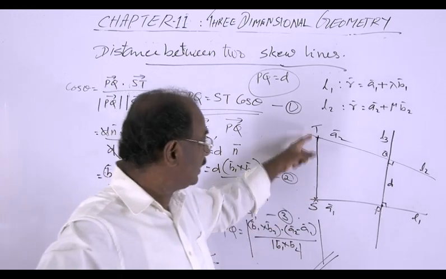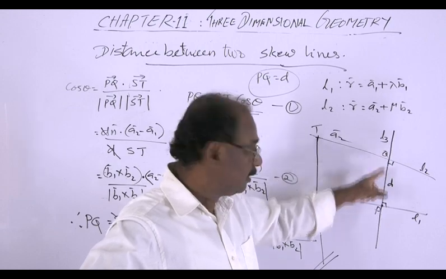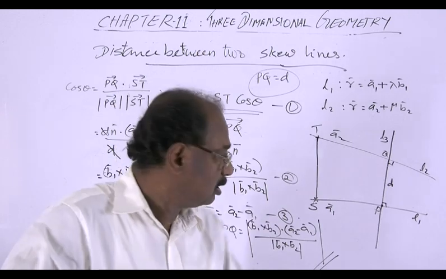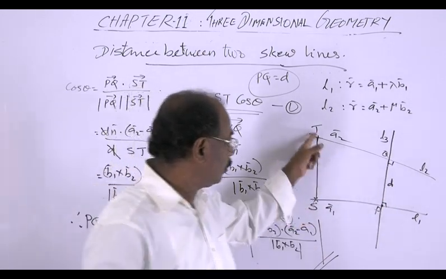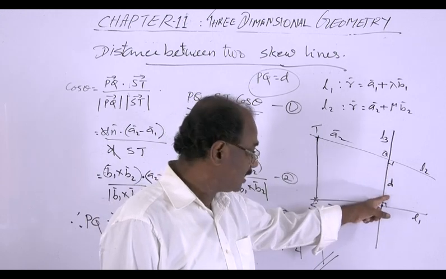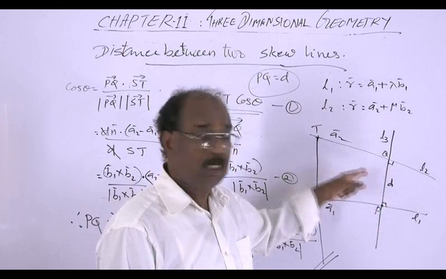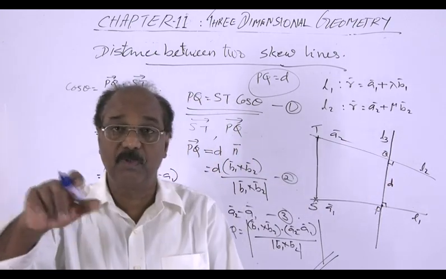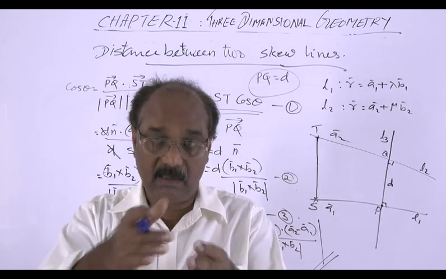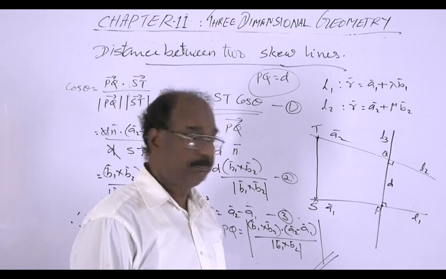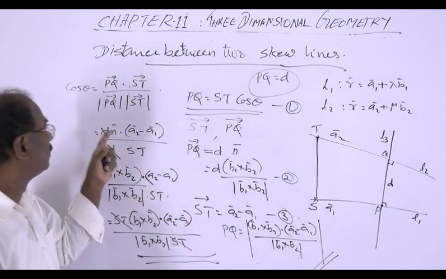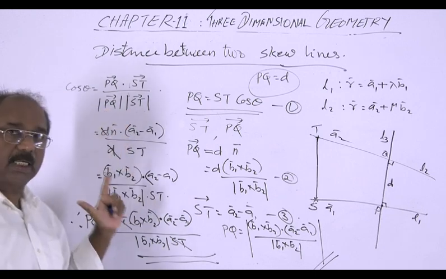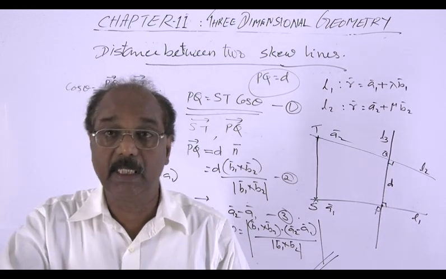Cos theta is vector ST dot vector PQ divided by modulus of ST into modulus of PQ. ST we know is A2 minus A1. PQ is the distance magnitude into the unit vector. The unit vector is obtained by the cross product B1 cross B2 divided by modulus of B1 cross B2. Then take PQ dot this, cos theta equals PQ dot ST by modulus of ST. Alright, so we will obtain the required result.